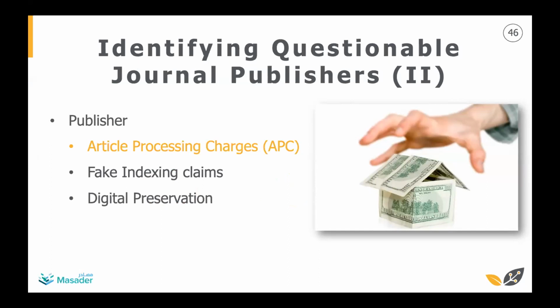This is the reason they are very keen to accept all the submitted manuscripts without performing any proper peer review of the submitted content. So try to check the information about the article processing charges. Make sure that if there are any article processing charges, they are listed very clearly on the journal website, in the author guidelines. So you need to check that as well.